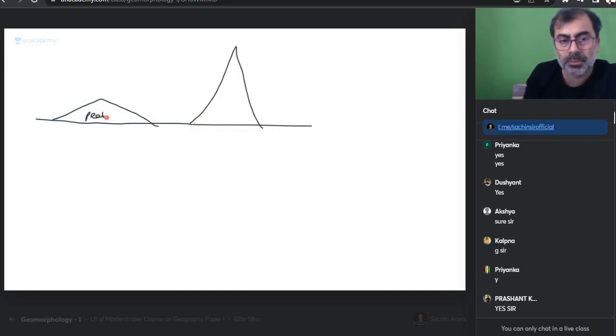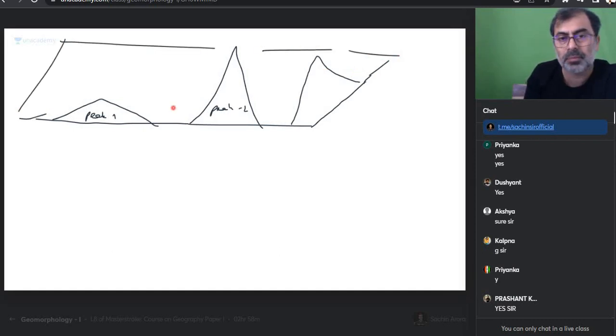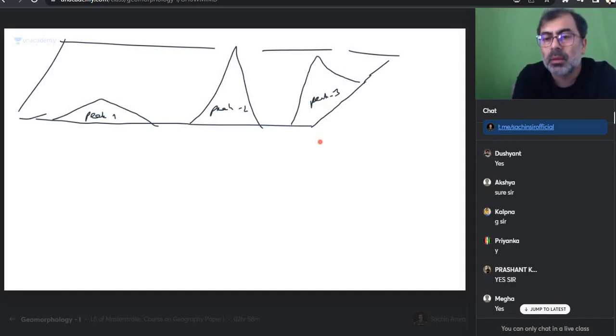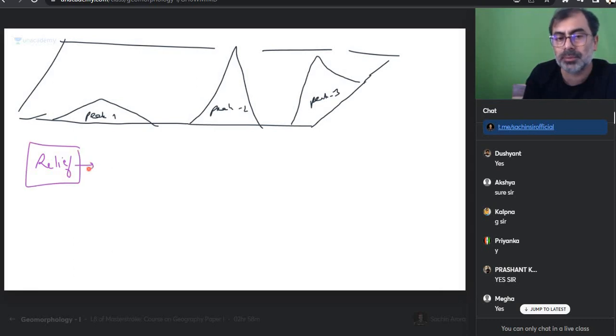These are two peaks. Peak 1, peak 2. And another peak. 3 peaks. 3 mountain peaks in a region. Is everyone okay? Peak 3. These have different relief. So what is relief? Technical meaning.